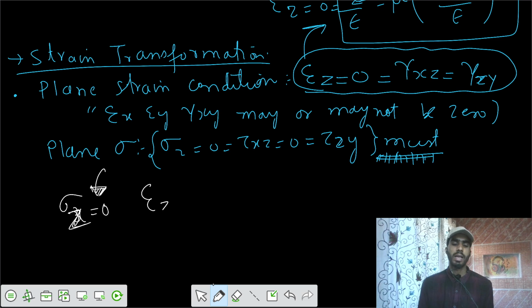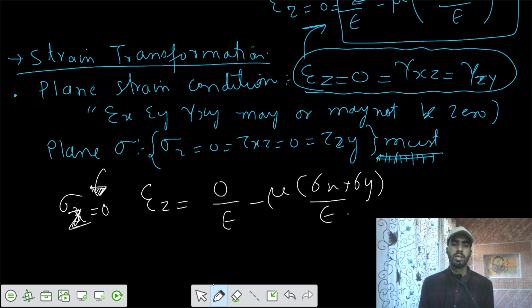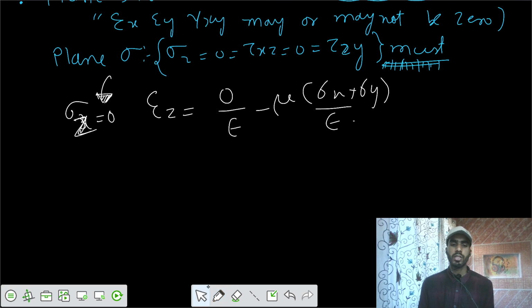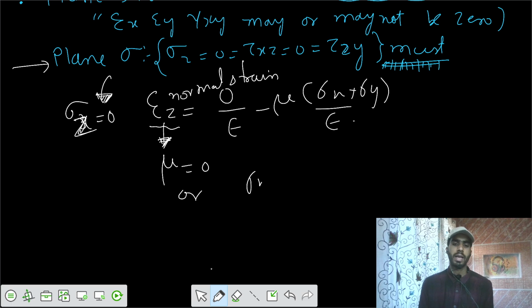That does not mean that strain in z is 0, because we can say 0 by E minus mu times (sigma x plus sigma y) by E. So in the plane stress condition, the normal strain in z direction is only possible to be 0 if mu is 0, or sigma x is negative of sigma y.